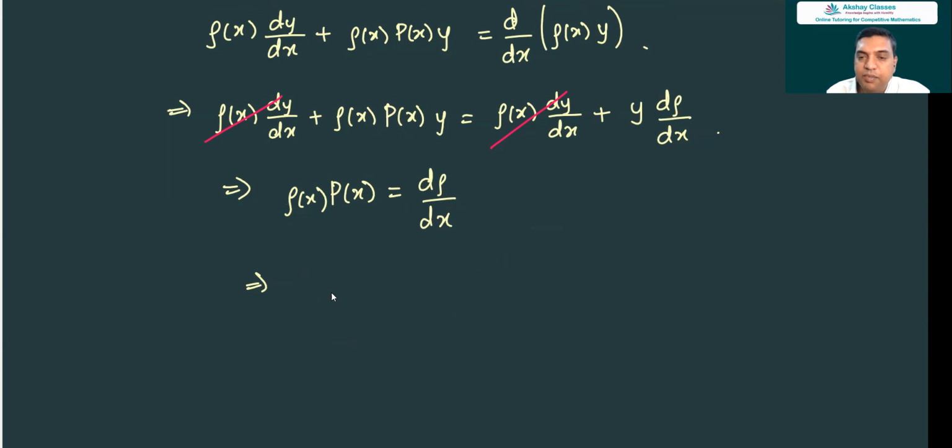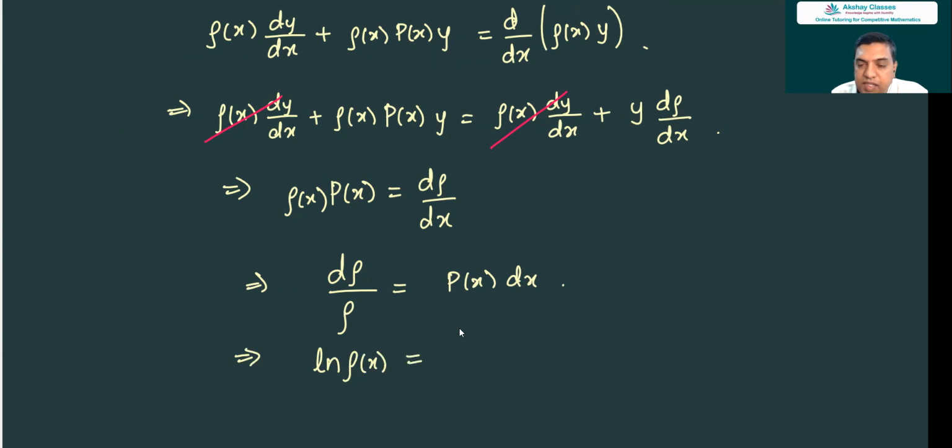So by separation of variables, we get d rho by rho of x is p of x dx. So integrating, log rho of x is equal to integral p of x dx.